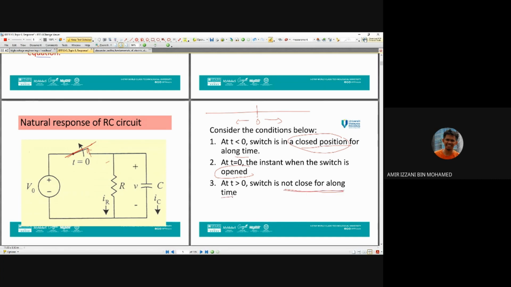So what happened in the circuit is that this capacitor C will be charged at t before 0. And after it's open, the charge will be discharged. No more connection here, so the charge will be discharged only in this circuit, R and C. This is what we call natural response.